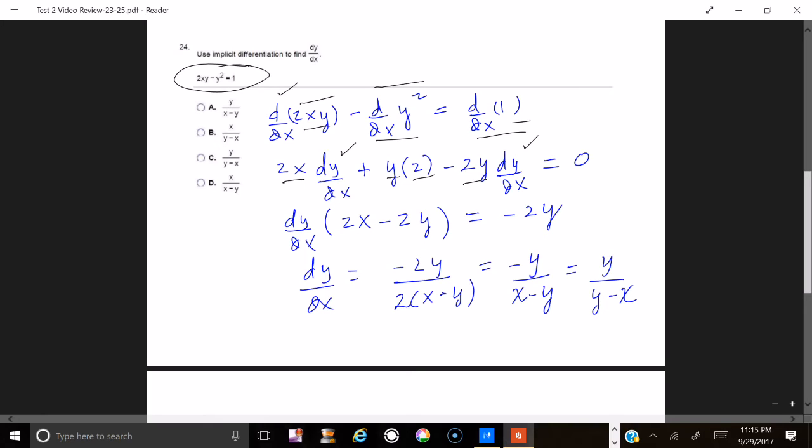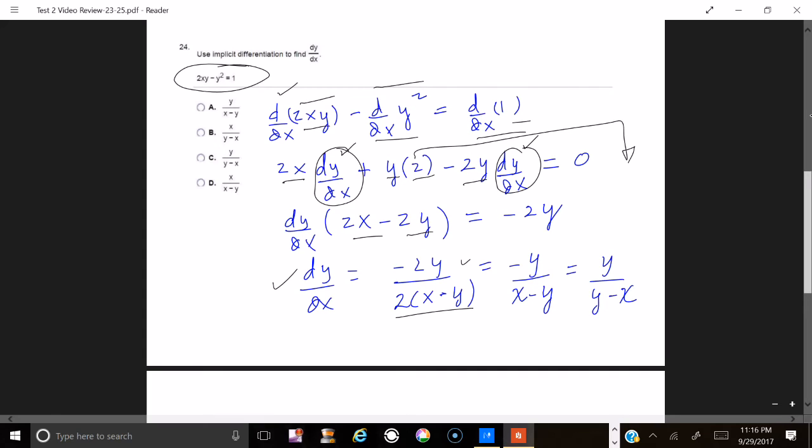So now we're going to factor out dy/dx out of these two terms, and we're left with dy/dx times 2x minus 2y. And then we'll bring this term, the 2y, over to the right, and it'll become minus 2y. And now we can solve for dy/dx, which is minus 2y over 2 times x minus y.